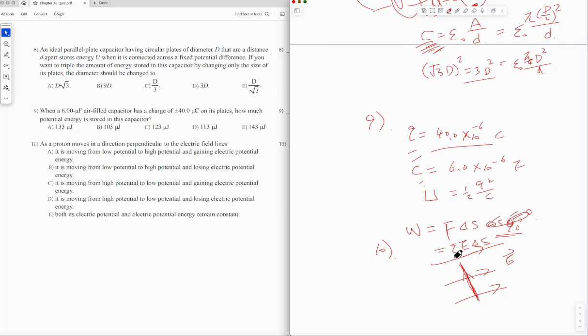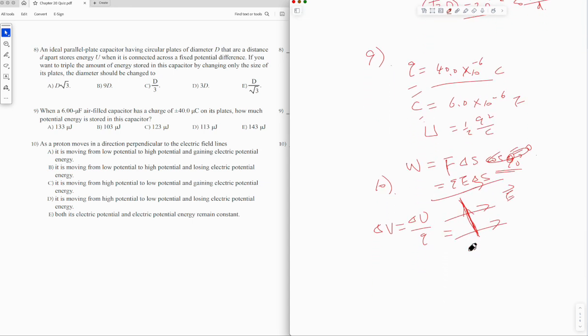So what is it asking about? Potential difference. Delta V equals delta U over Q, and delta U equals the negative of the work done. So delta V is negative work done divided by Q, which is negative QE delta S cosine theta divided by Q. Q cancels, so the potential difference is negative E delta S cosine 90, which is 0.